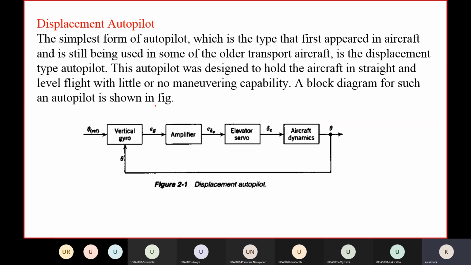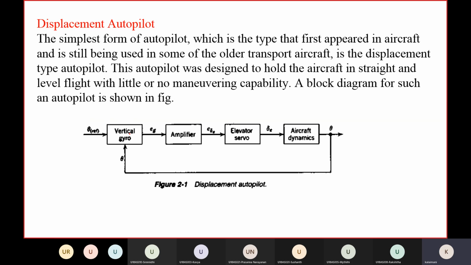So if any external disturbance occurs, this theta may change. While you engage steady level flight, your pitch angle at that time is the reference. So if there is any disturbance and theta varies, it will be compared with your reference input through a vertical gyro.